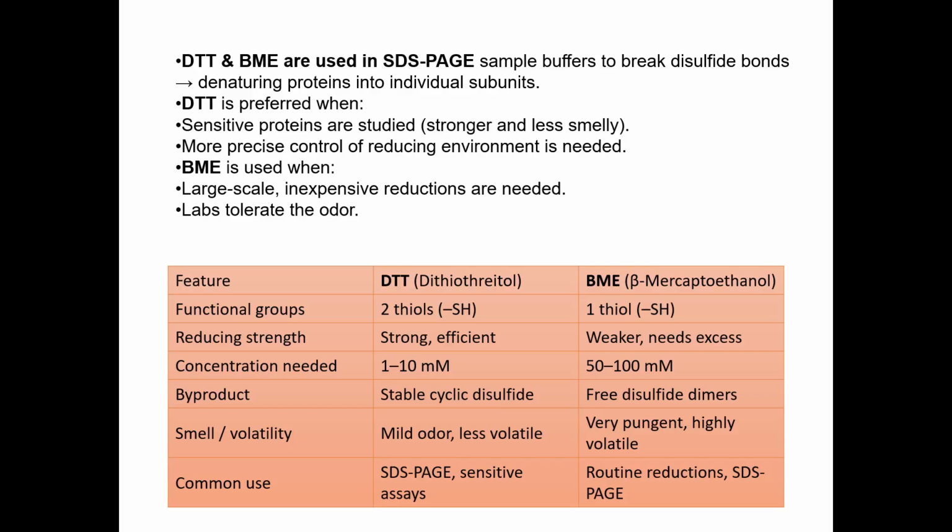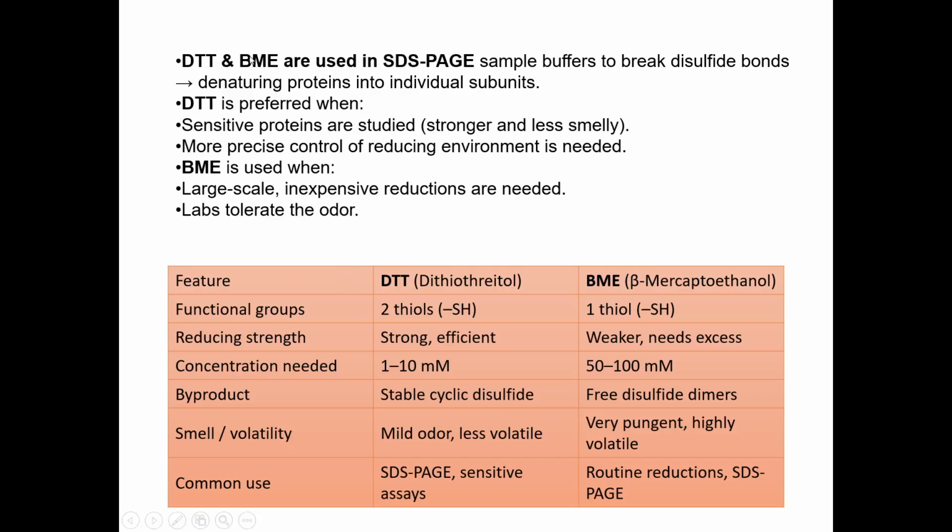So one other agent which we use generally is BME, that is beta mercaptoethanol, which is also a reducing agent. So this is a small comparison between DTT and BME, and when you use DTT and when you can use BME. DTT and BME are both used for the same purpose, that is, they both are reducing agents. They are used to break the disulfide bonds and to denature the proteins.